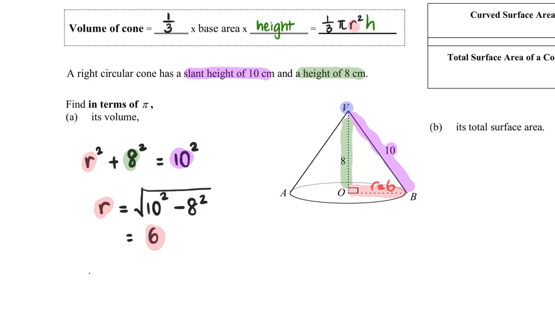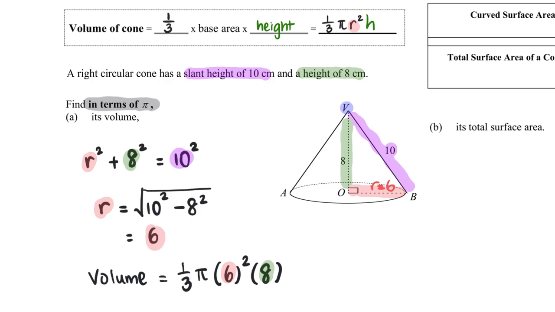Volume is 1/3 times pi r square h. Do take note, this is my r and this is my height. And they want to leave answer in terms of pi for both.